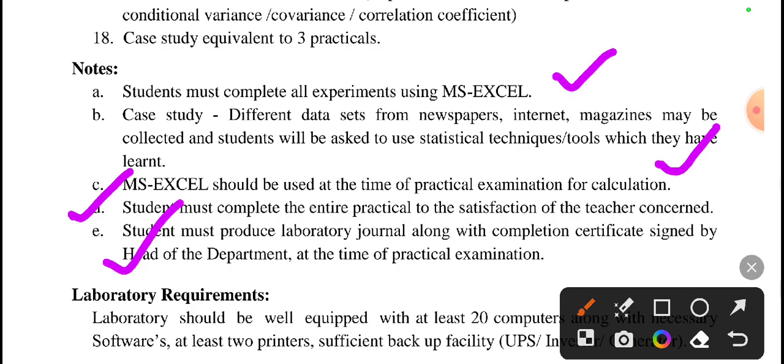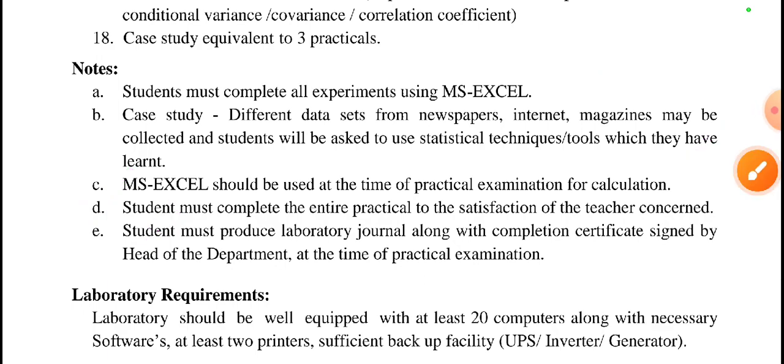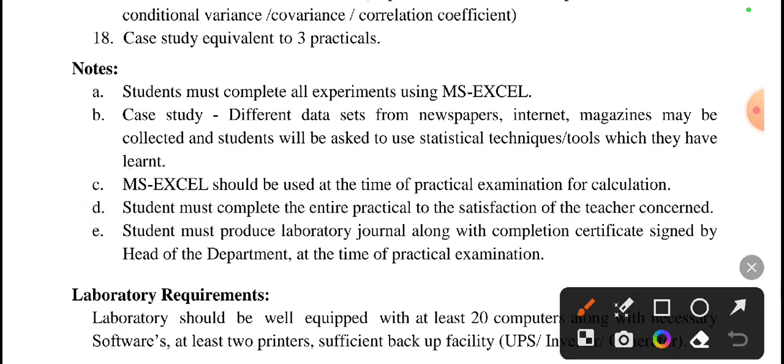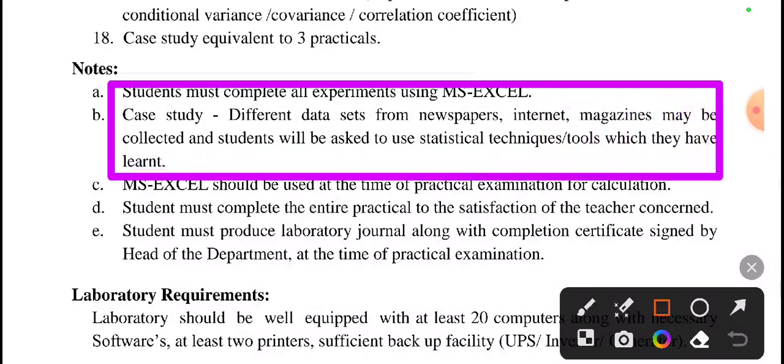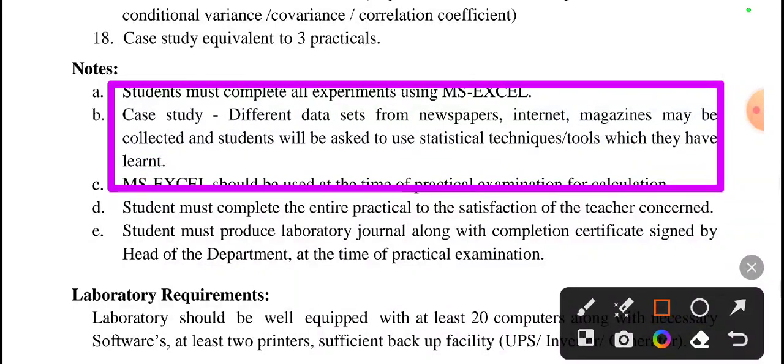Now you need to understand the case study part. I am highlighting this portion, which is related with your case study. So case study means what? Different data sets from newspapers, internet, and magazines may be collected, and the student will be asked to use the statistical techniques and tools which they have learned.